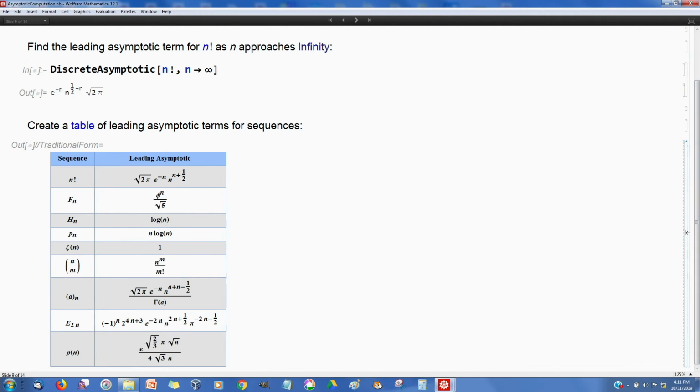I've done a lot to collect them. But if you're an expert in the area, I'm not an expert in this area really. If you work a lot with sequences, you know something, let me know. Okay, but on the left, you have a sequence: n factorial, Fibonacci, harmonic number, prime, zeta, binomial, Pochhammer, Euler, and partition P. And those on the right are the asymptotics for those sequences.